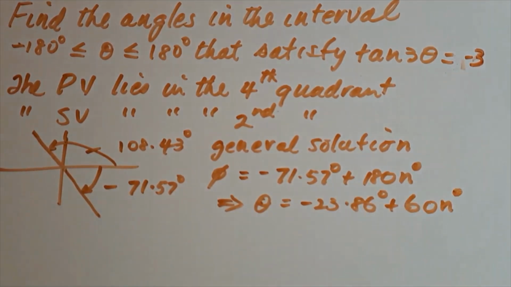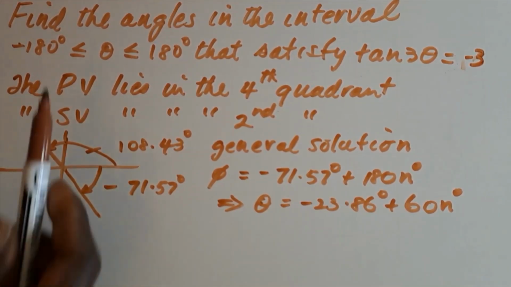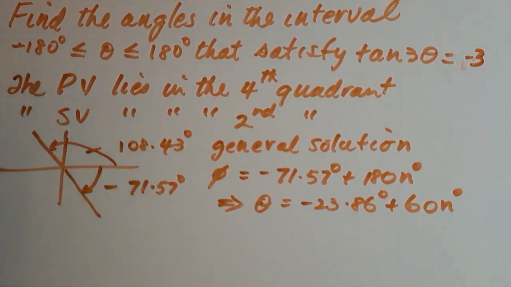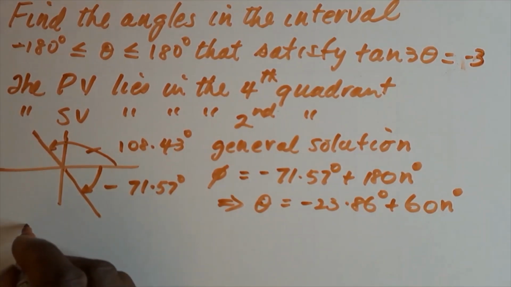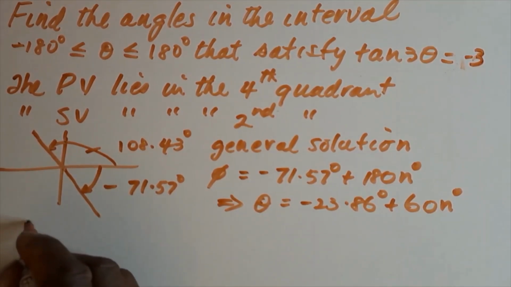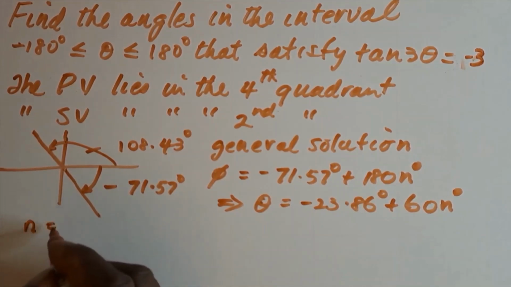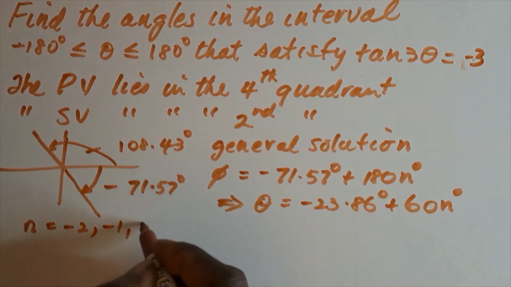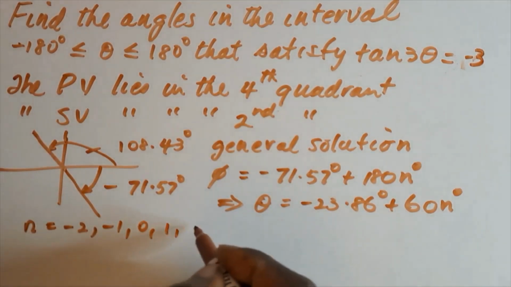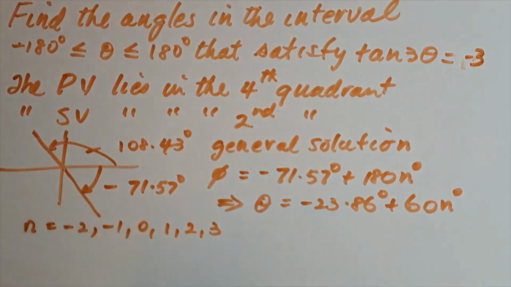So we just divide here by 3. Now we need to have values of theta that lie between minus 180 and 180 degrees. So we need values of n that allow that. So n will be minus 2, minus 1, 0, 1, 2, and 3.